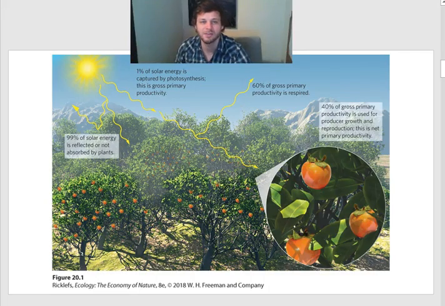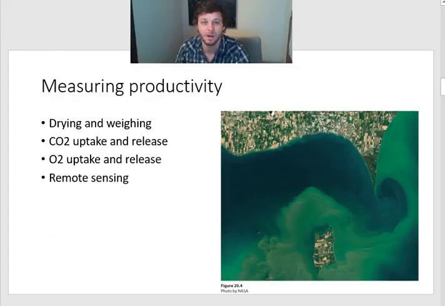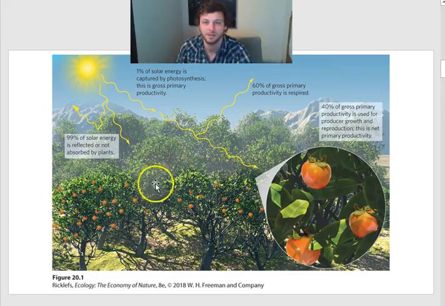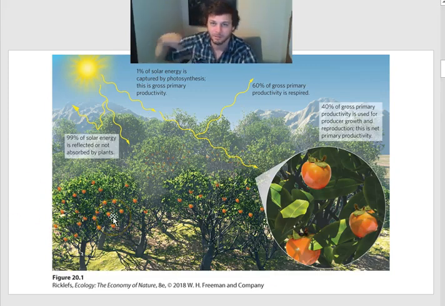So, how are some different ways that we can measure the GPP, the gross primary productivity, or the net primary productivity? You can do it a couple different ways. One, you can do it by drying and weighing. So you can come out to a section and just clear it out. Then you have the growing season. You remove all the plant matter.